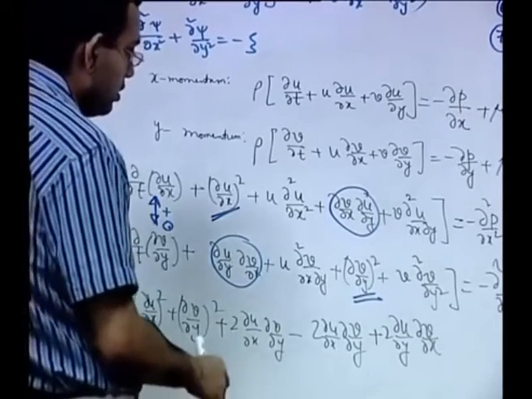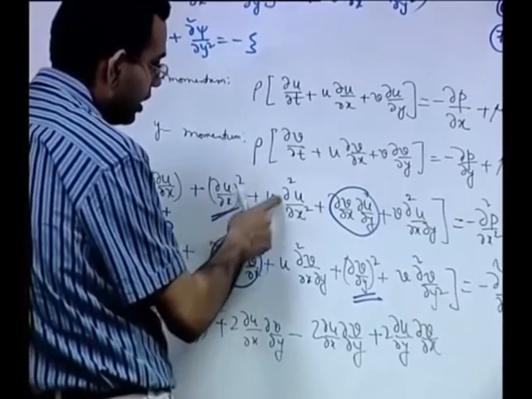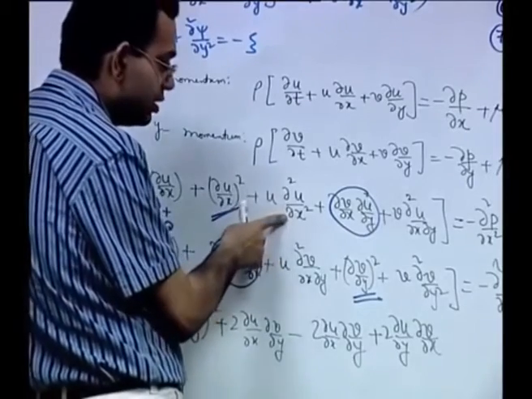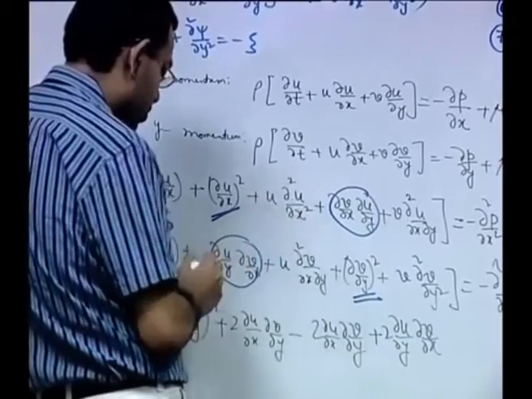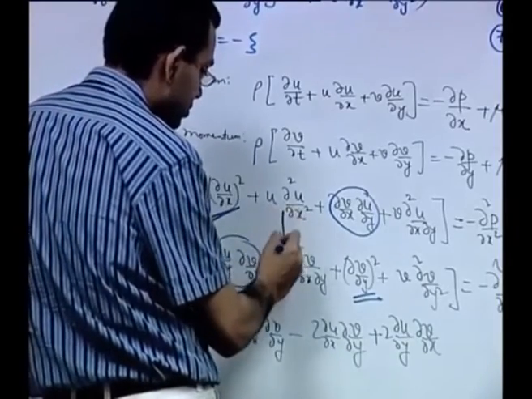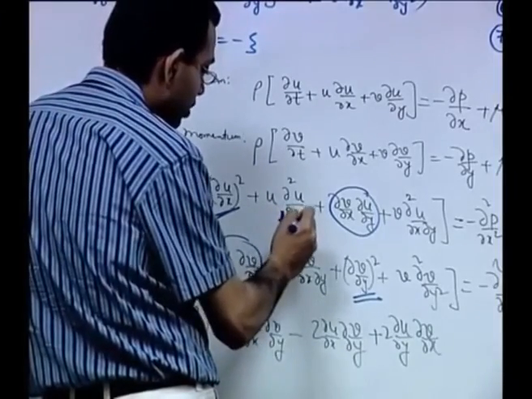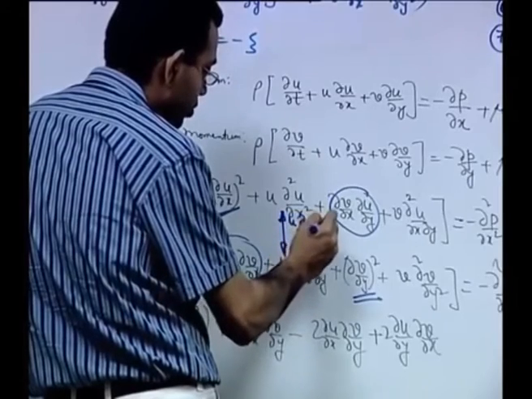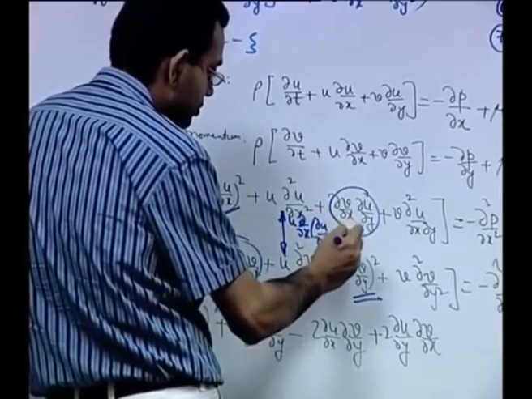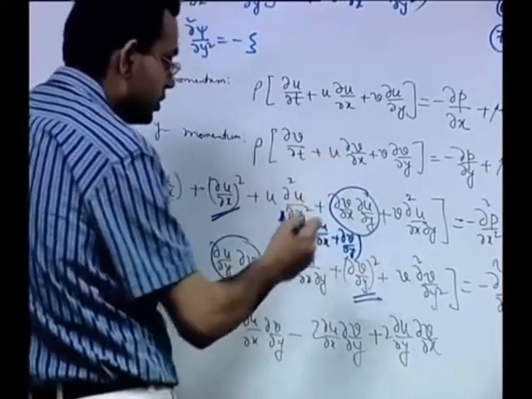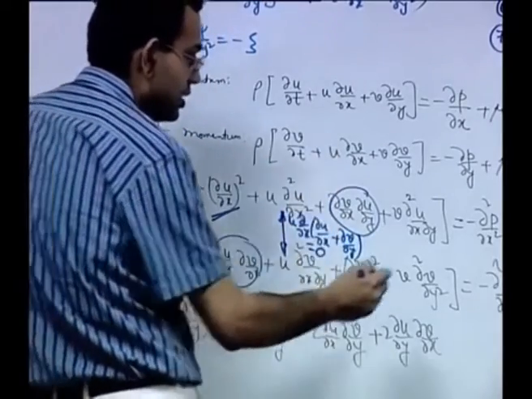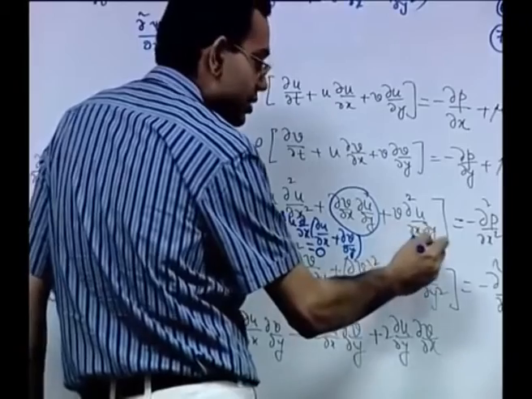Then you can take u del del x as common here, so if you consider these two terms, you can take u del del x as common with del u del x plus del v del y. So, that is 0. Similarly, if you combine these two terms, that will be 0.